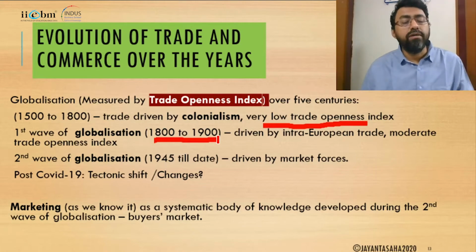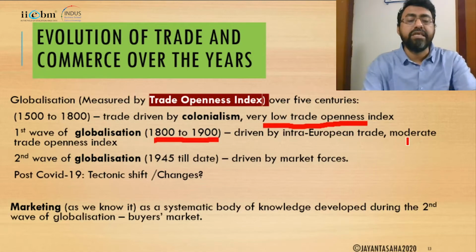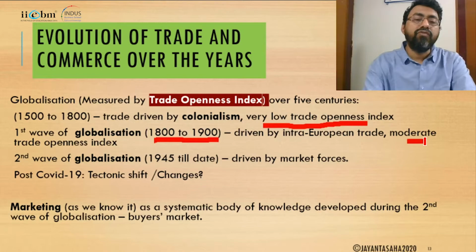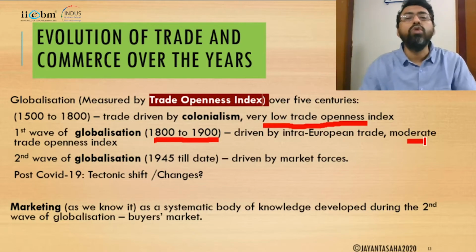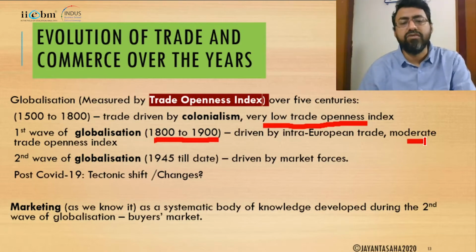So you find the trade openness index remains very moderate. So what does it mean? In the first wave of globalization between 1800 and 1900, which was primarily driven by intra-European trade, it was not truly globalization in the strictest sense of the term.